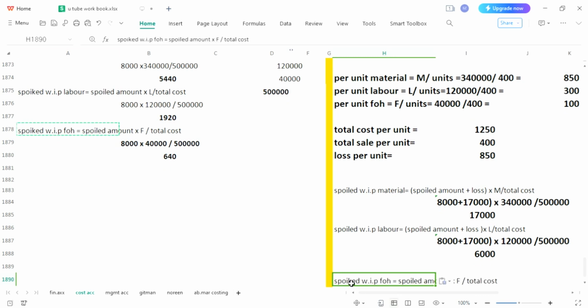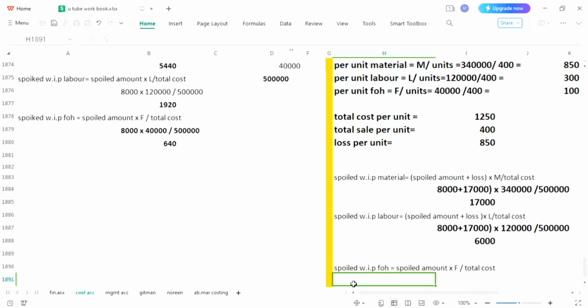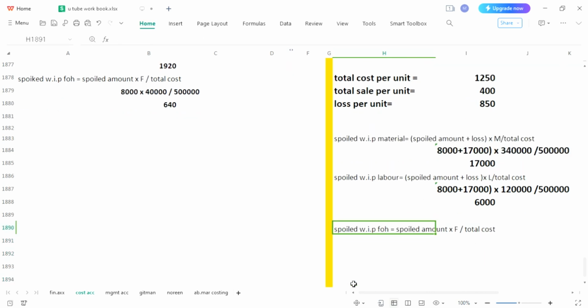Same, there's again a little bit of spelling. We have done it. Okay, beside this, what you will do, you will add in this formula the amount of loss as well. Everything would be similar to the above two formulas, except what we will change, instead of labor cost we will put here factory overhead cost.